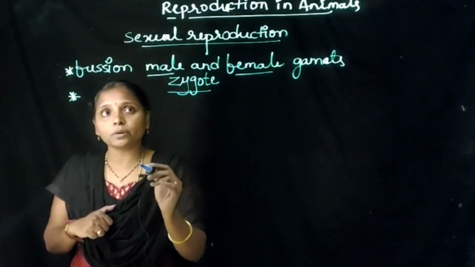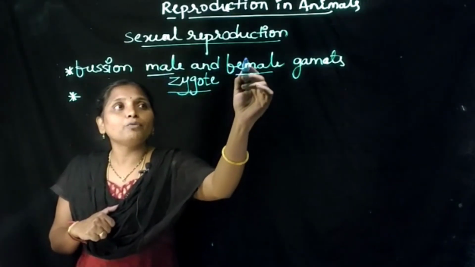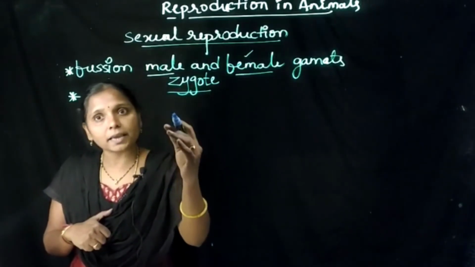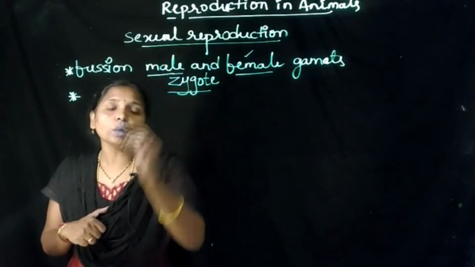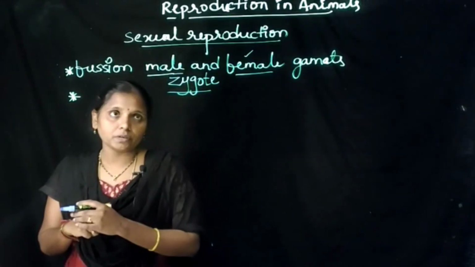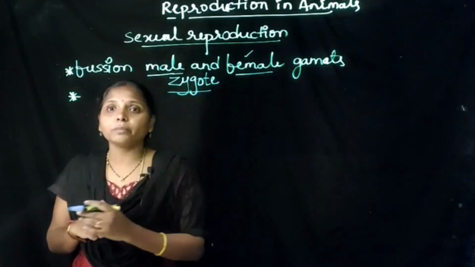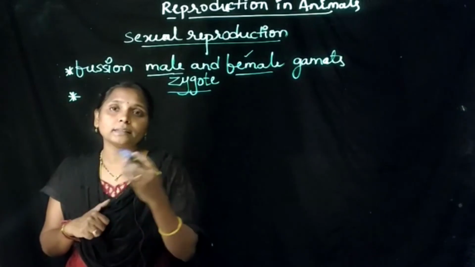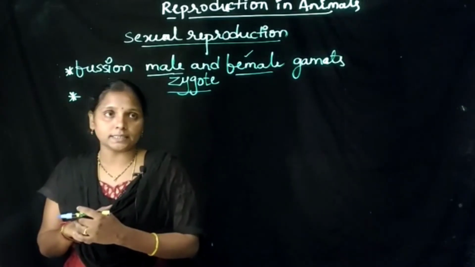In the reproduction process, in the same manner as the female portion, the male also participates in the formation of the zygote. So, both male and females have their own importance in the reproduction process.